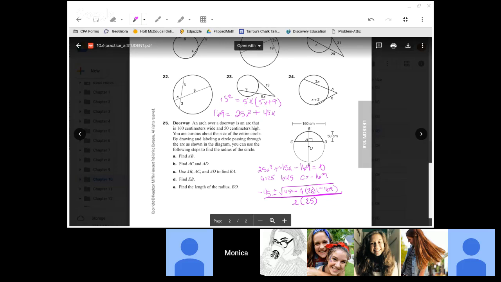So do negative 45 plus the square root of 18,925, and then hit enter, and then do that divided by 2. Oh, sorry. Not 2. Divide it by 50, because 2 times 25 is 50.